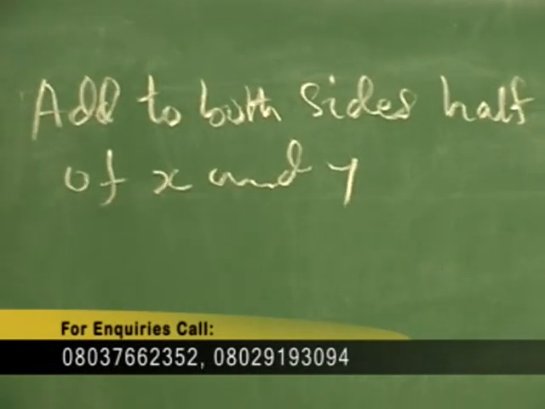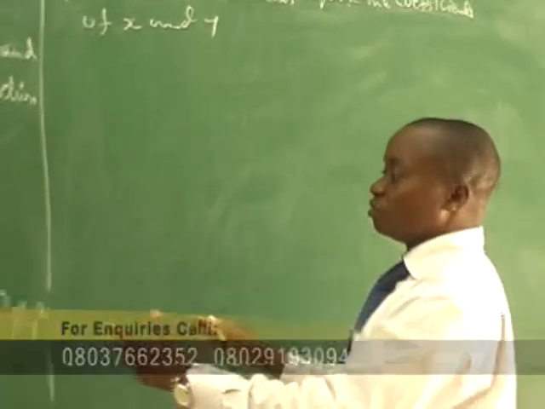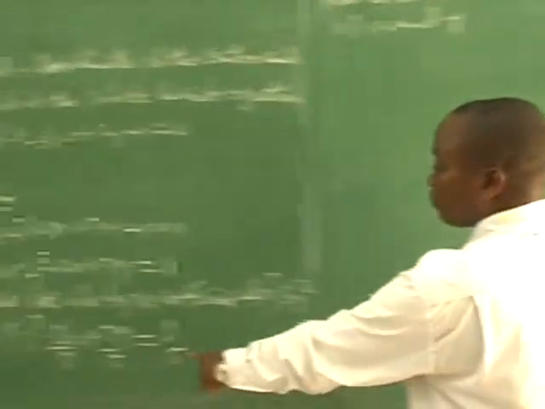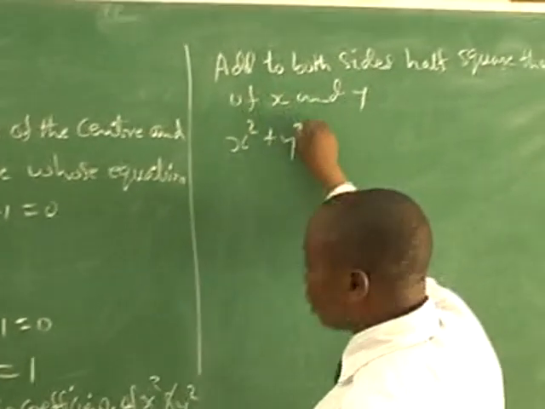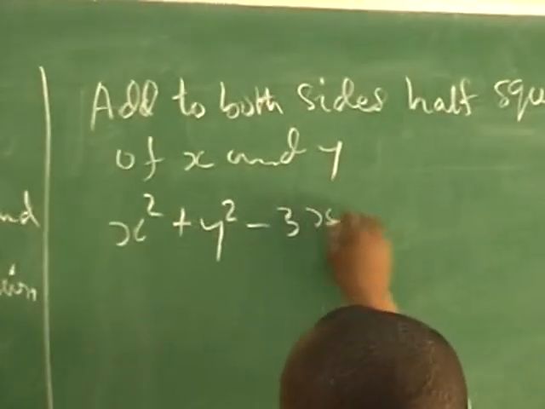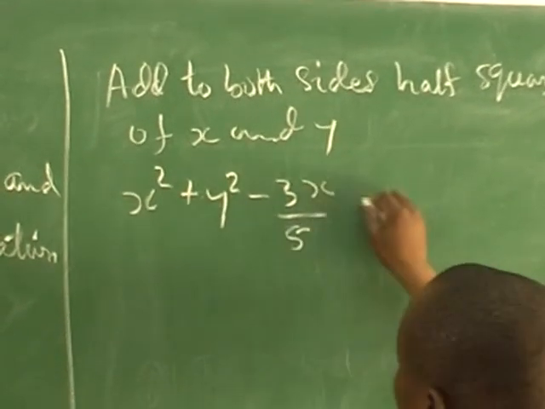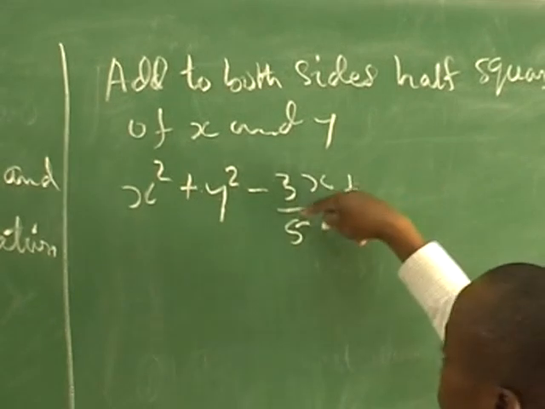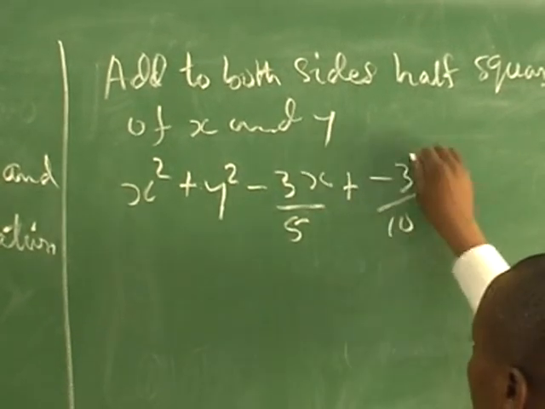If it is completing the square, it's only x because we have only one variable, so this is 2 variables. And if we do that from here, we will have x squared plus y squared minus 3x all over 5 plus half of this. Of course, half of this is 3 all over 10.